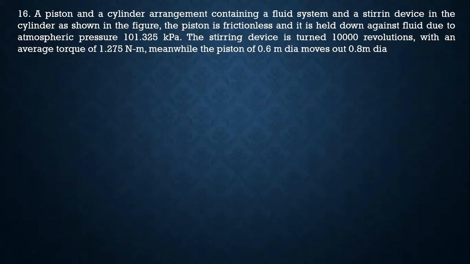Next problem: a piston and cylinder arrangement containing a fluid system and a stirring device in the cylinder as shown in the figure. The figure shows a piston and cylinder arrangement.